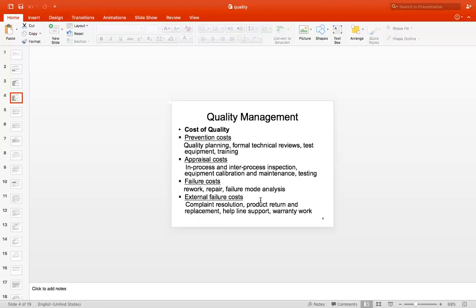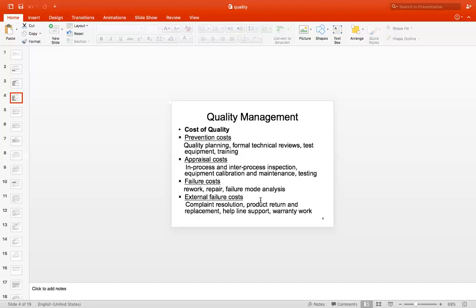So next thing is appraisal cost. So in process and inter process inspections. In process and inter process inspections are always important for this appraisal cost. Equipment calibration and maintenance and testing. So appraisal cost means in process and inter process inspections.